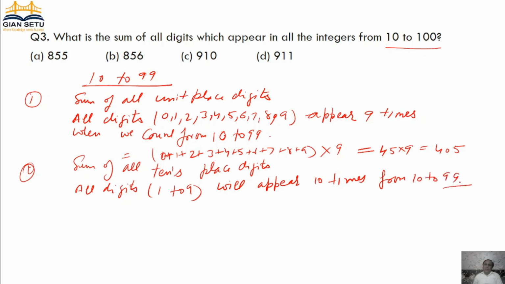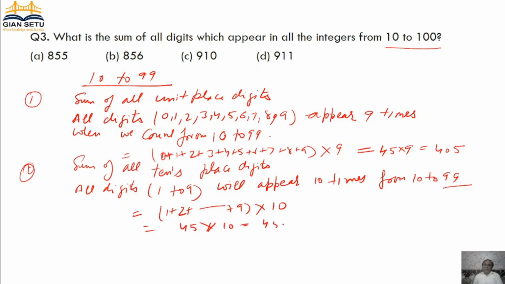Okay, and sum will be equal to 1 plus 2 plus 3, right, to 9 into 10, and it is equal to 45 into 10.